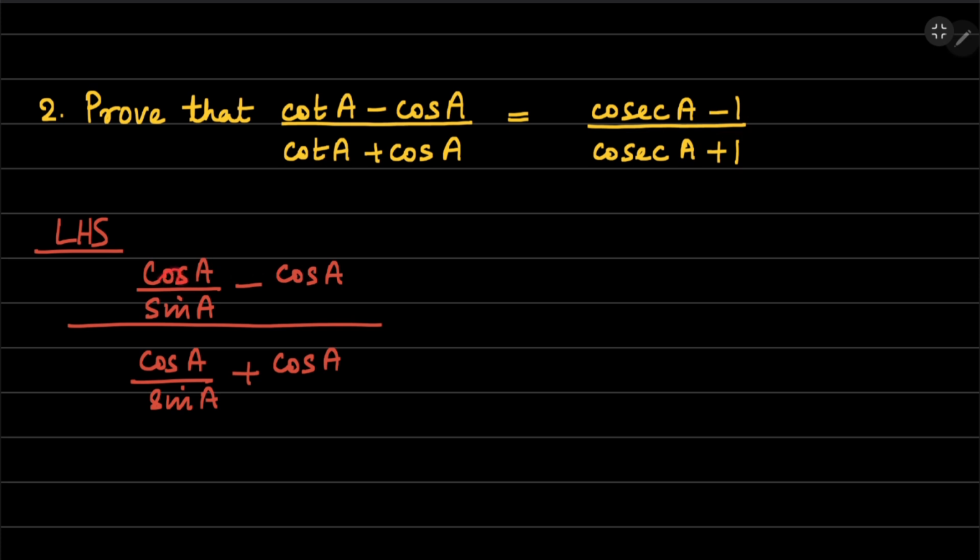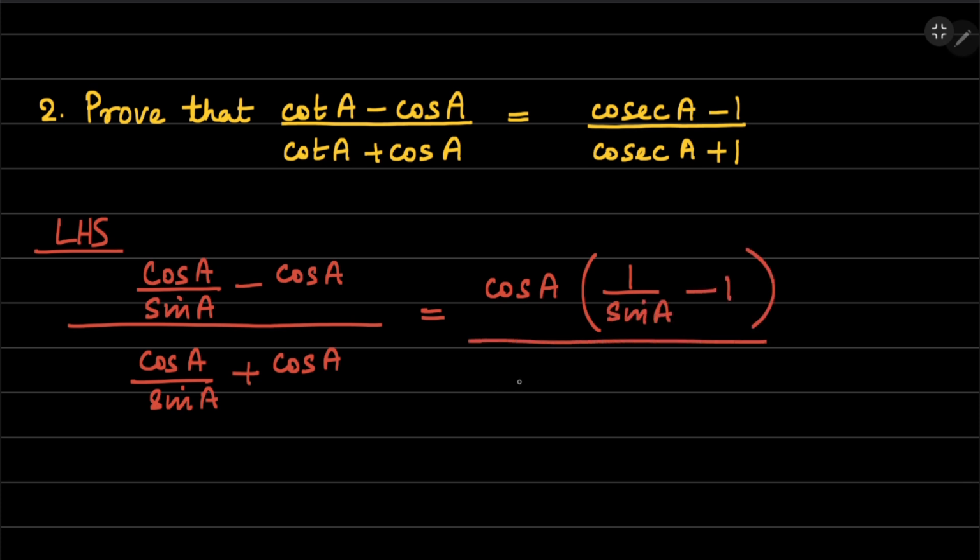So what you can do is if you take cos A common out, you will get a minus 1 here. Let's take cos A common out. When you take cos A common, what will be left is 1 over sine A minus 1. Okay, whole divided by, again you can take cos A common out. So what is left is 1 over sine A plus 1.